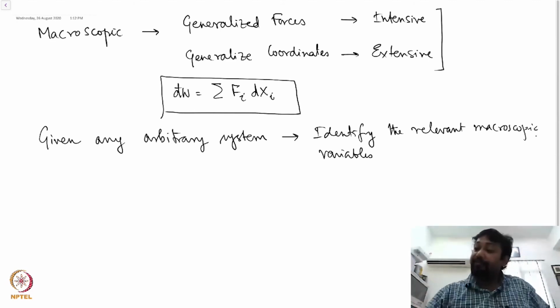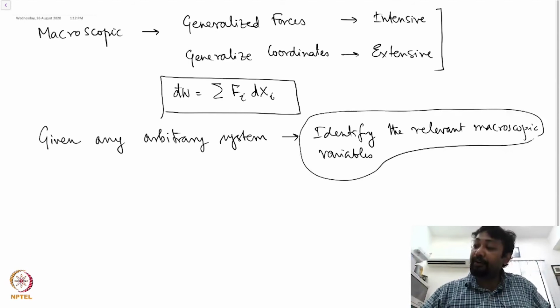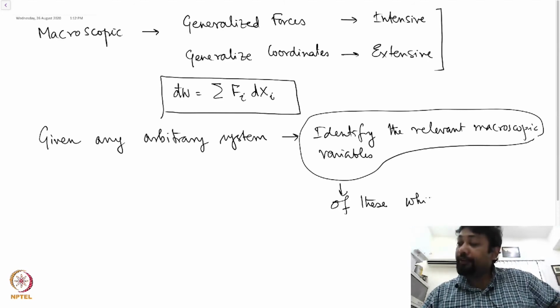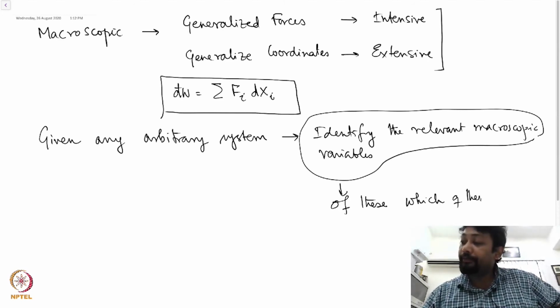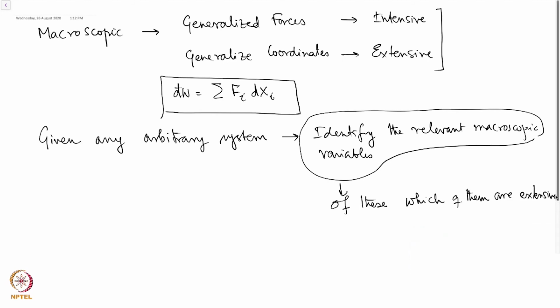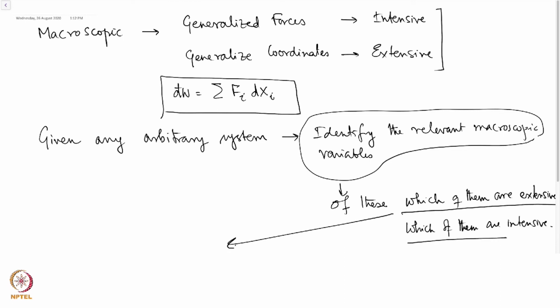And once you have identified these relevant macroscopic variables, you can easily figure out which of them are extensive and which of them are intensive, right? The moment you have identified which of them are extensive and which are intensive, you immediately understand.